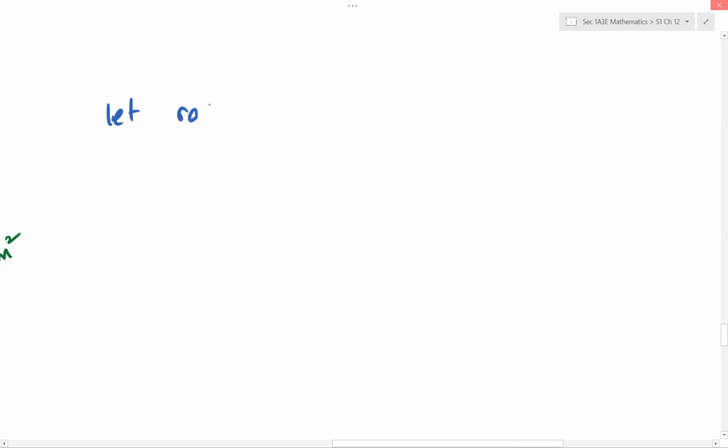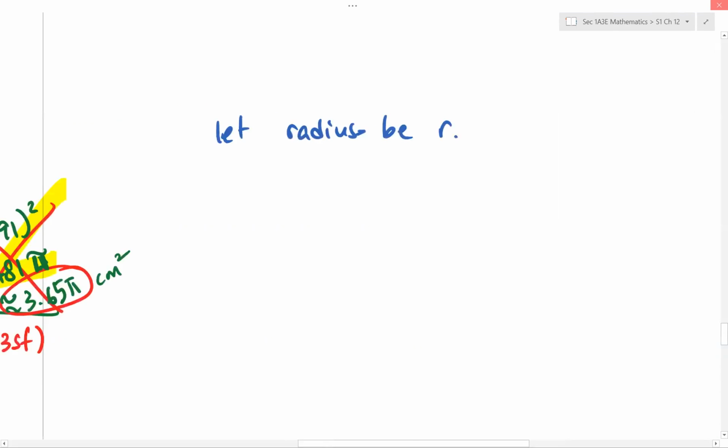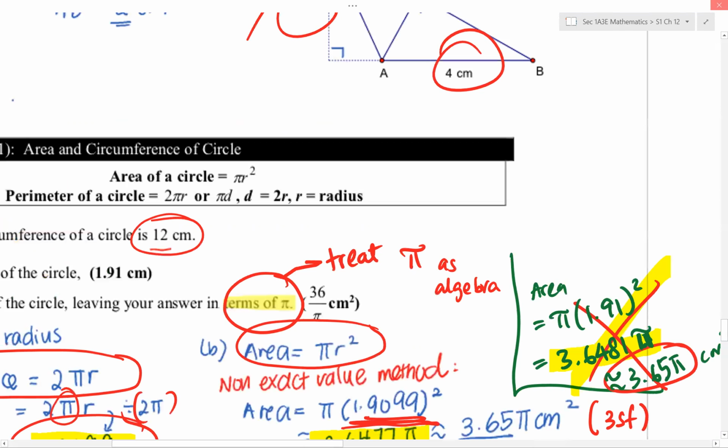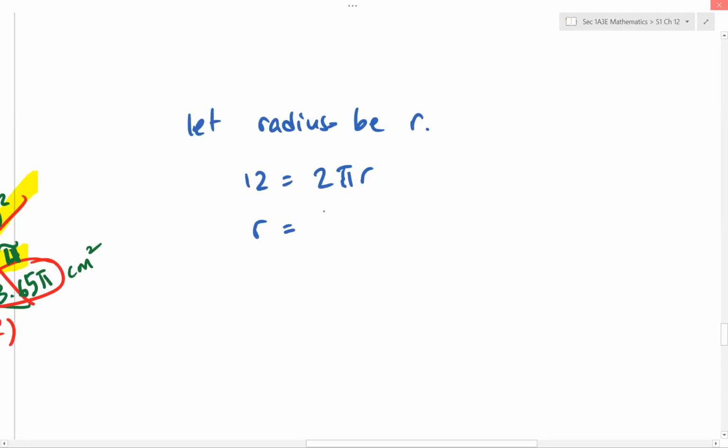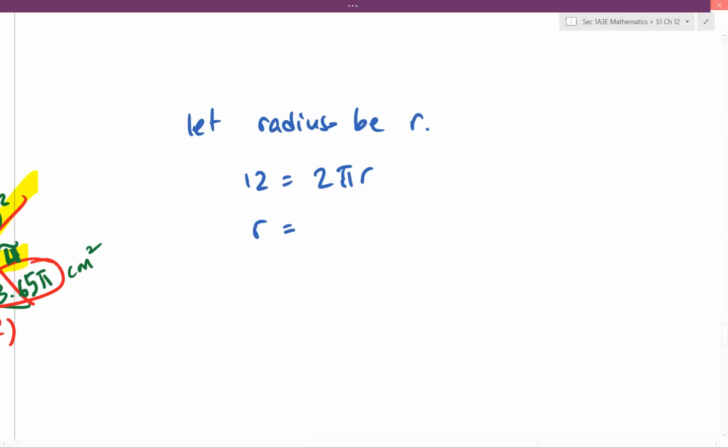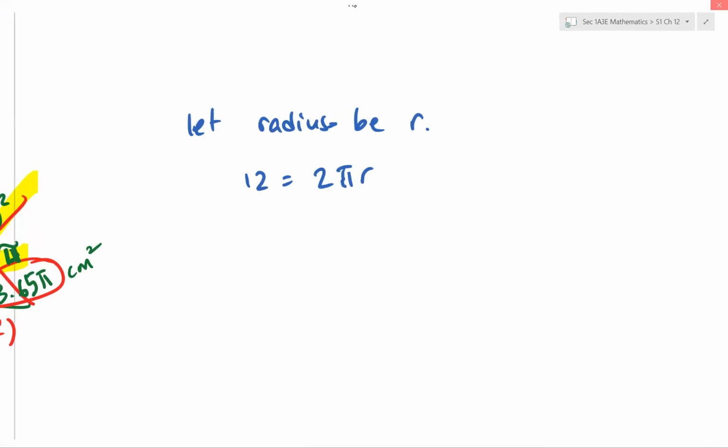Let radius be r. Circumference is 12. So 12 equals 2 pi r, which results in r equals to, I do it step by step, divide by 2 on both sides. When you divide by 2 on both sides, you get 6 equals pi r.